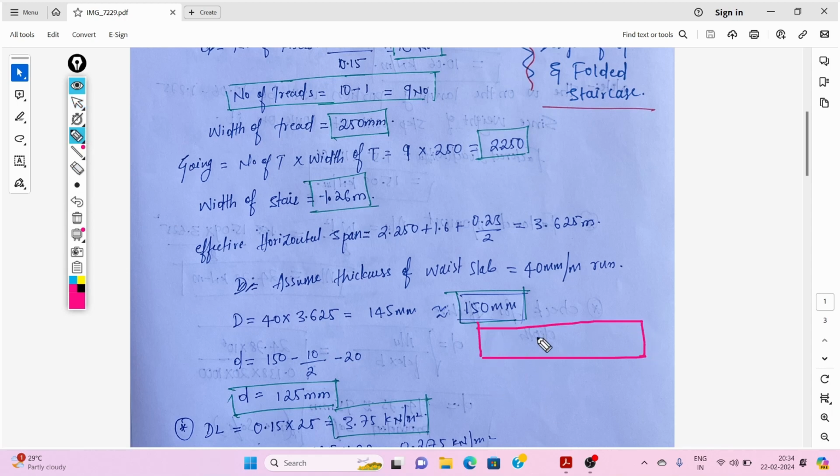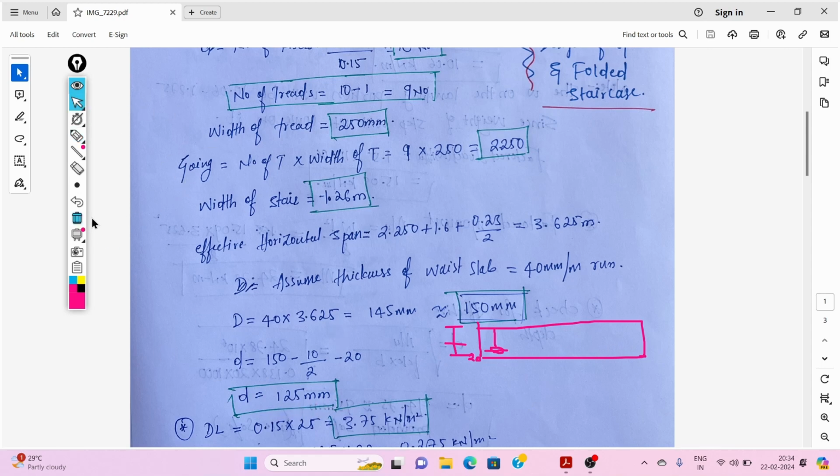This is the slab, this is the overall depth, and we need to find the effective depth. We get 125 mm.